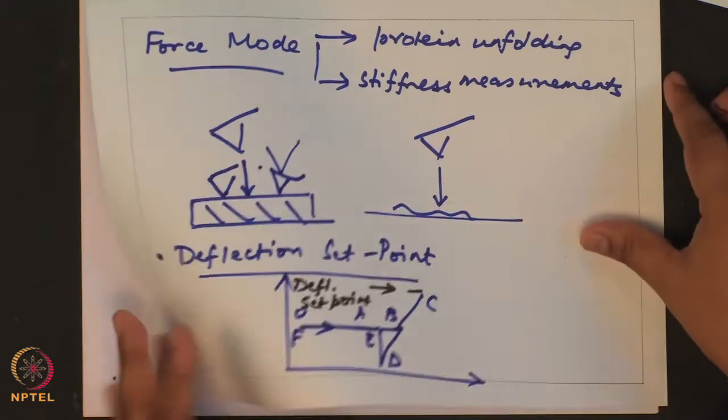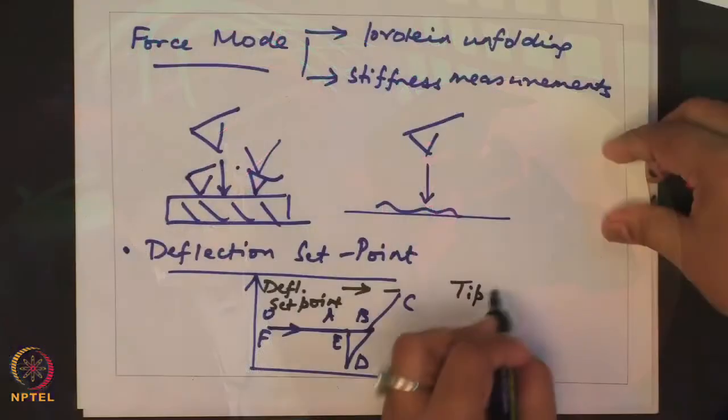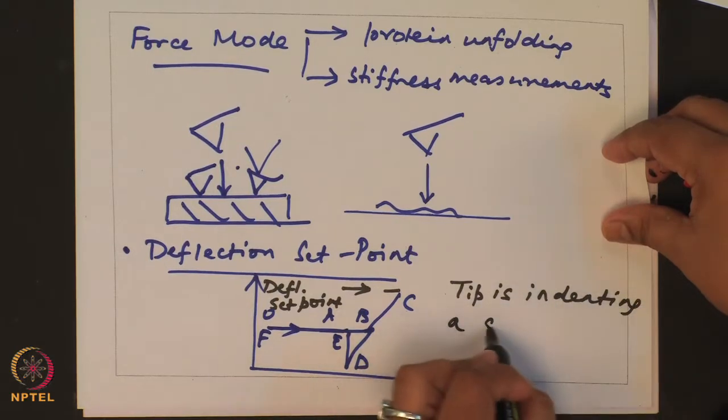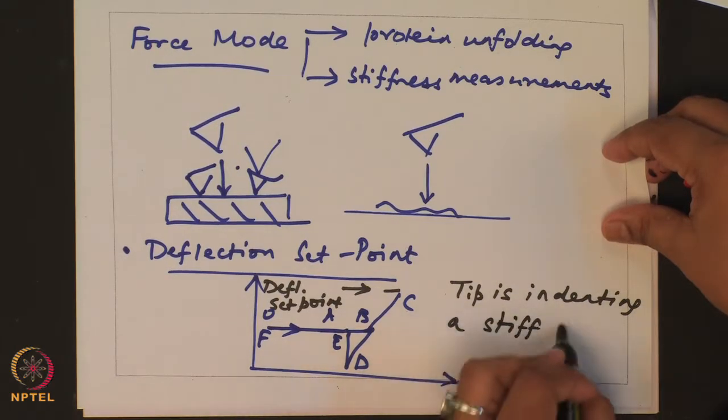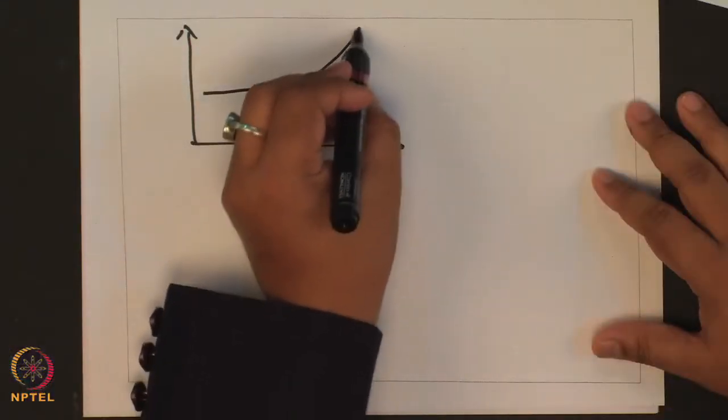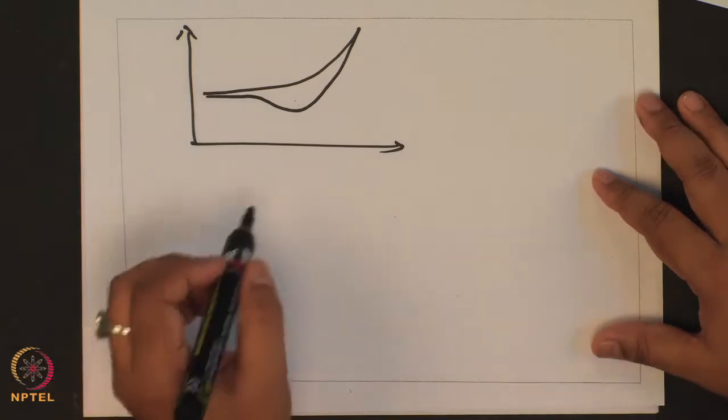So, this is how the curve will look if a tip is indenting a stiff sample like glass. And in force mode, if you probe a soft sample, you will get a curve like this.